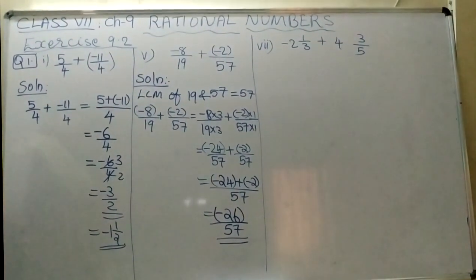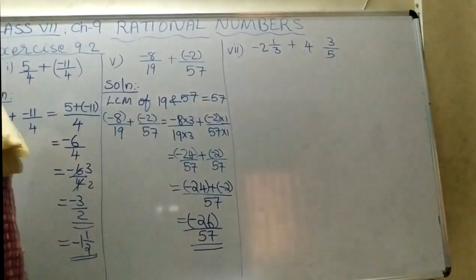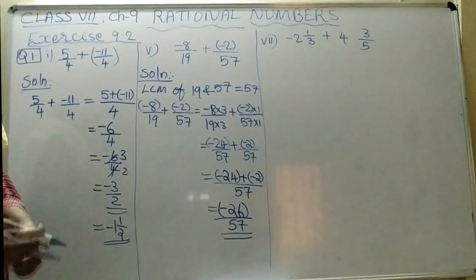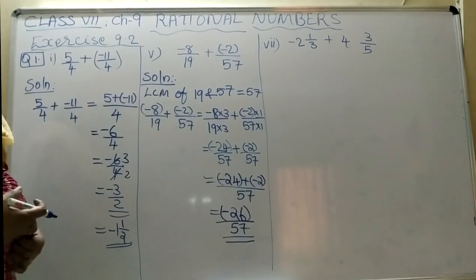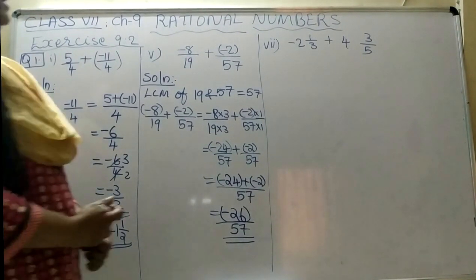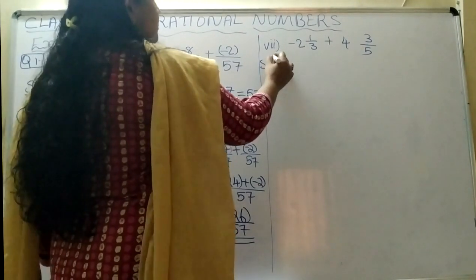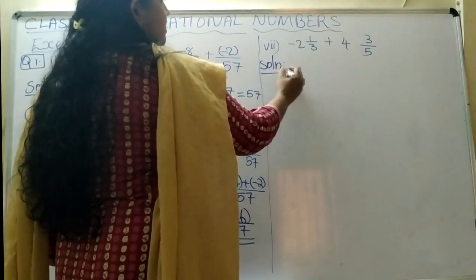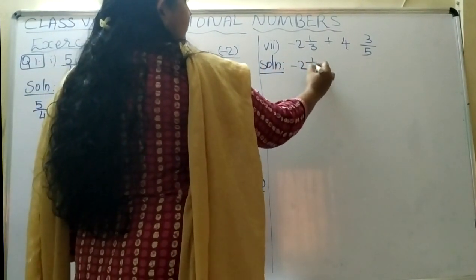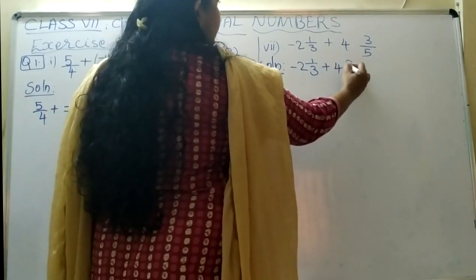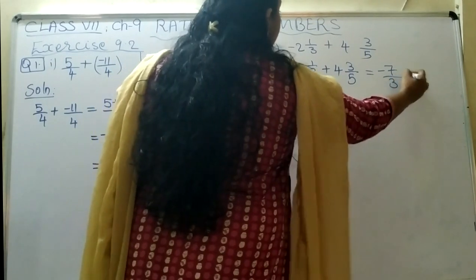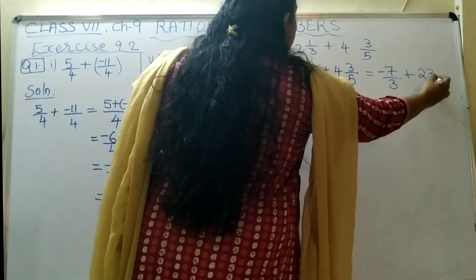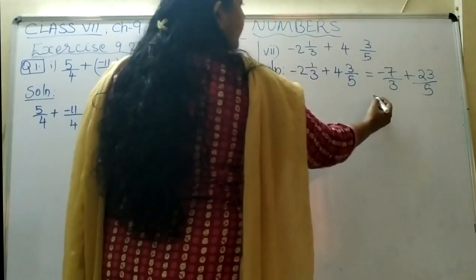Now the next is 7th question. Minus 2 integer 1 upon 3 plus 4 integer 3 upon 5. Here it is given the mixed fraction. So the first step is to convert the mixed fraction into improper fraction. So we are getting minus 7 by 3 plus 23 upon 5.